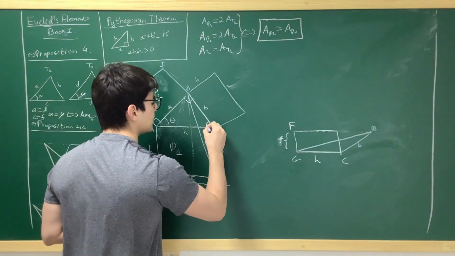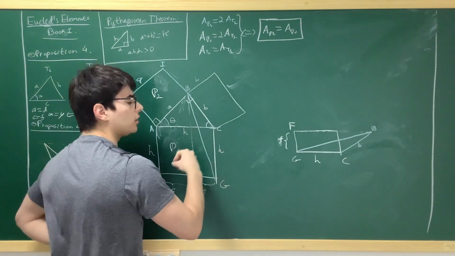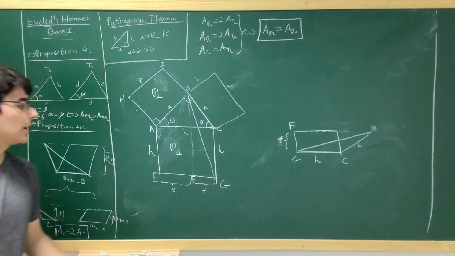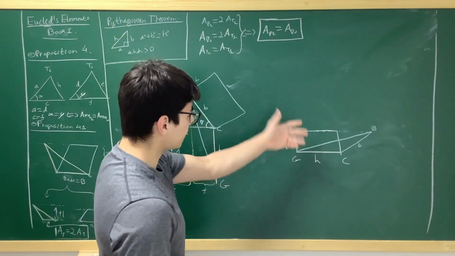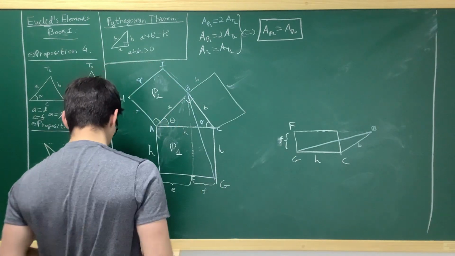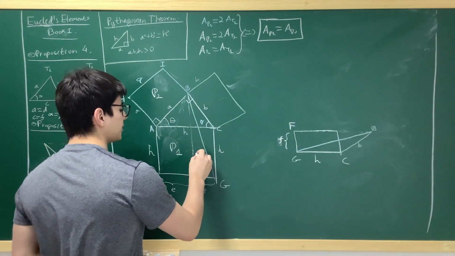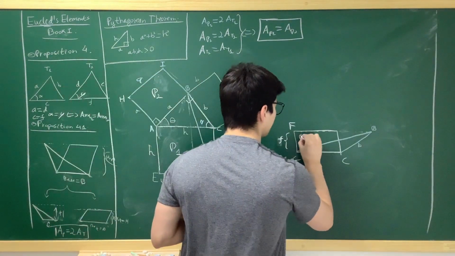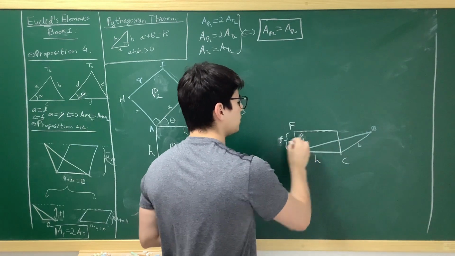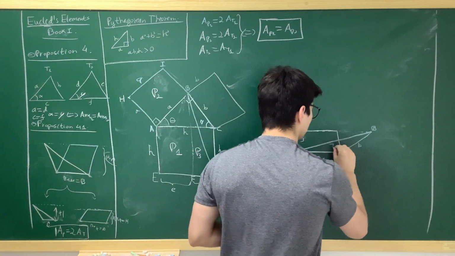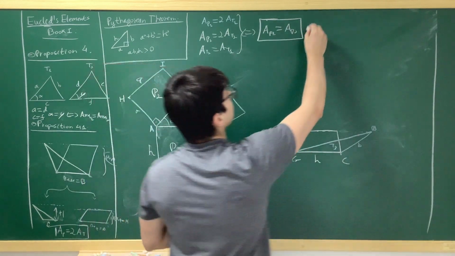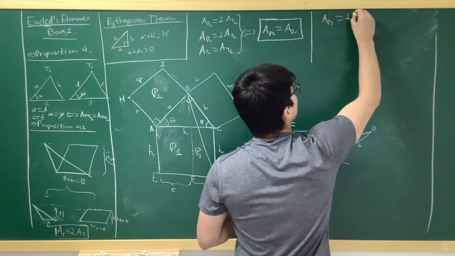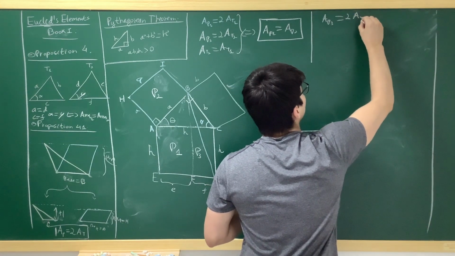Let me just call this angle, what do we call it? Let me just call it gamma. Why not? It's gamma. From this we get that if we call this first parallelogram P3, right? P3, and this triangle T3, why not? Well, then the area of P3 is twice the area of T3.